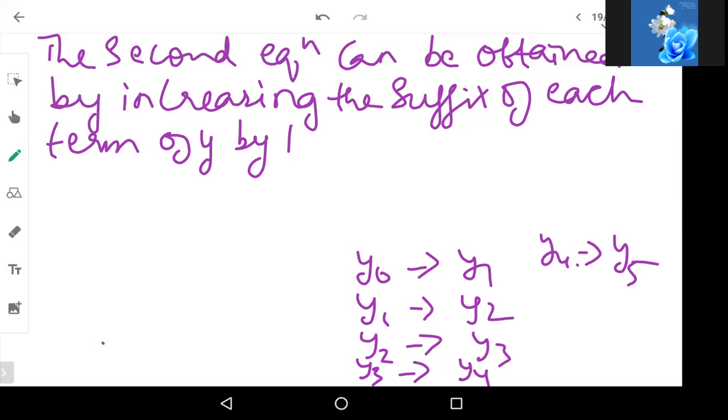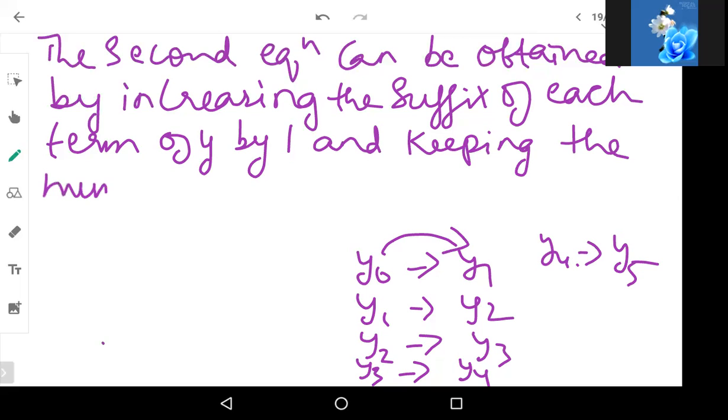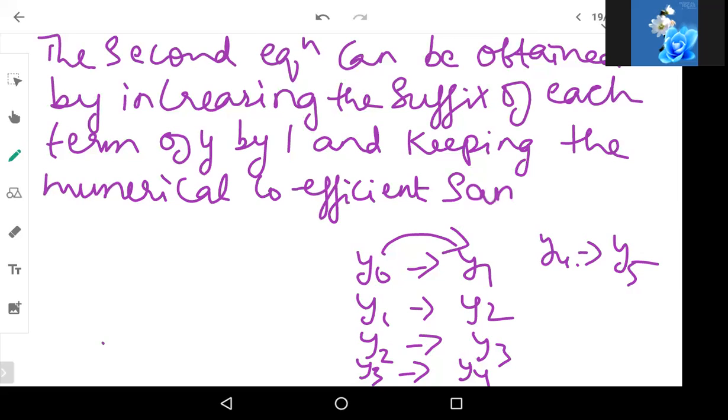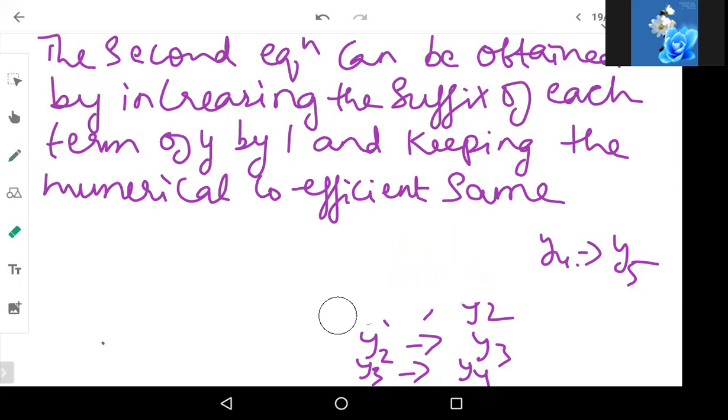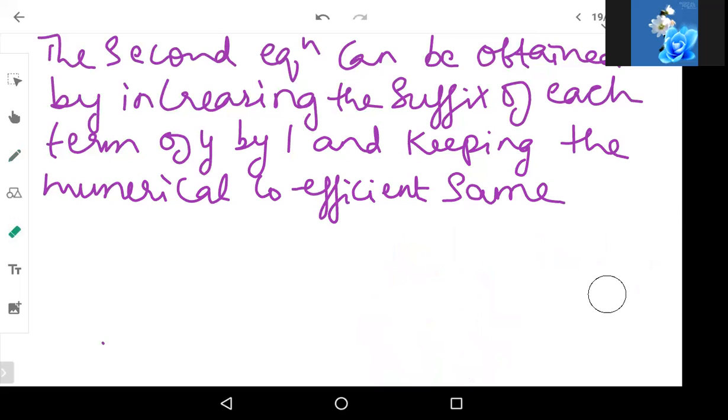Instead of 0 we are suffixing with 1. And this is important, keeping the numerical coefficient the same. So we are not changing the Pascal triangle coefficients. We will keep them as they are. The only important change that we are making is, instead of starting from y0, we'll be starting from y1.